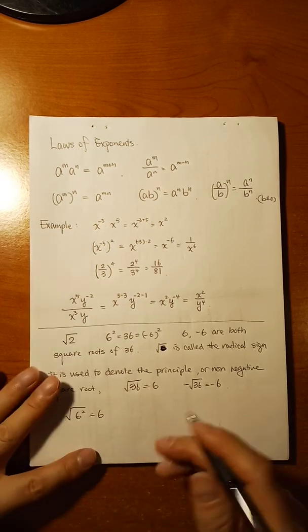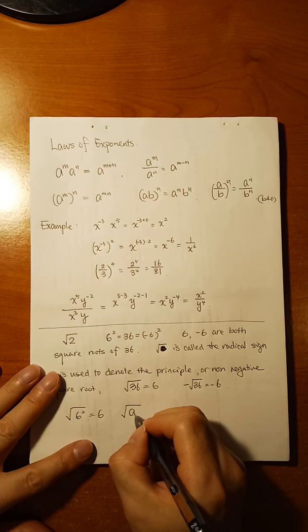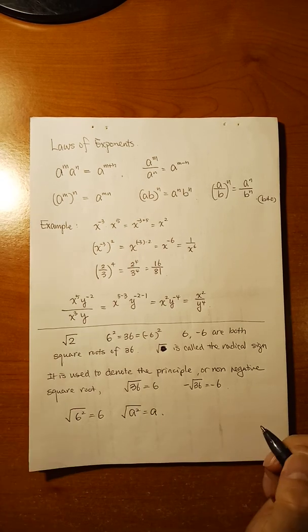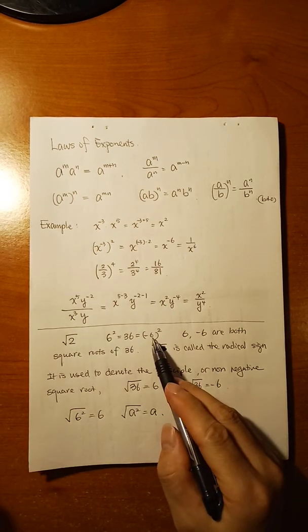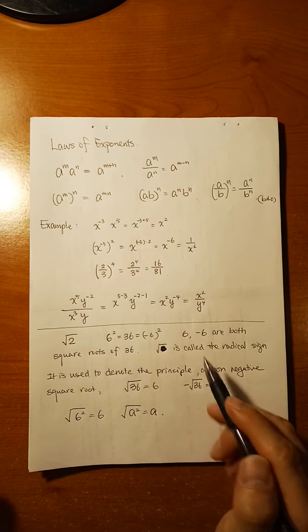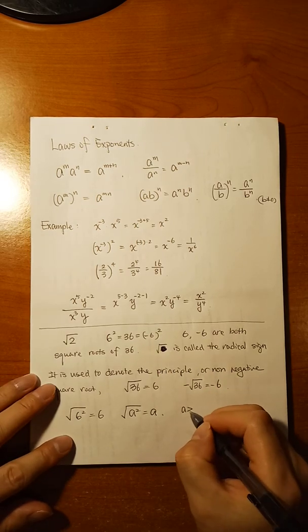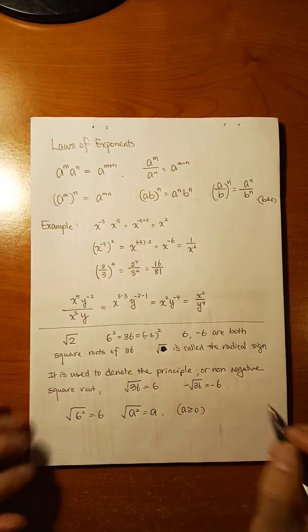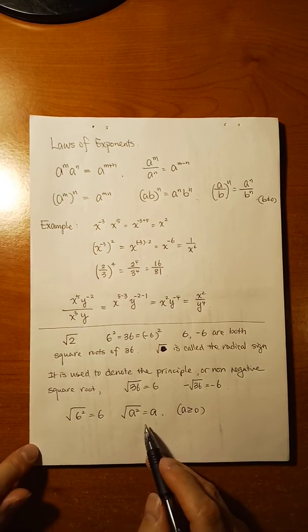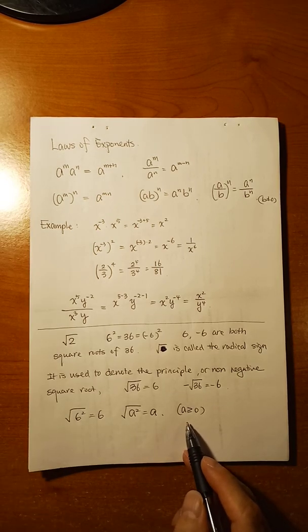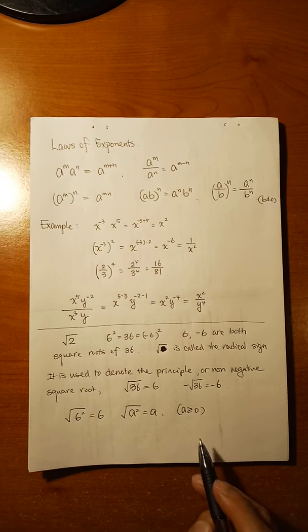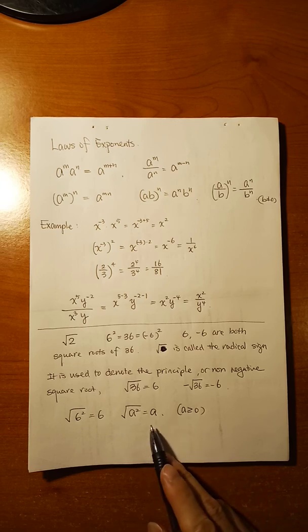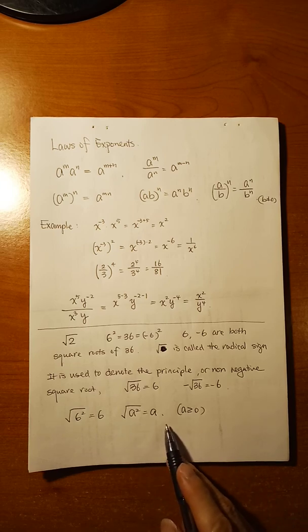In the variable form, the square root of a squared is equal to a. But if you have negative 6, this does not work. So you have to say it's non-negative. This formula only works for numbers greater than or equal to 0.